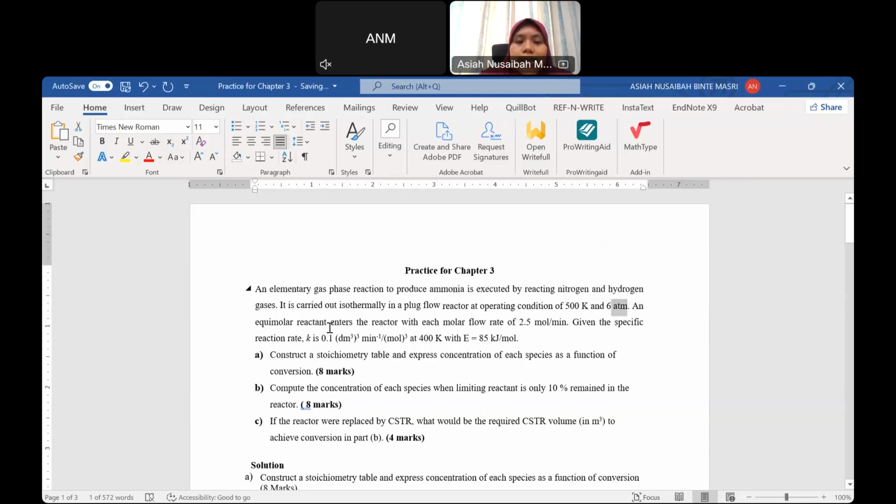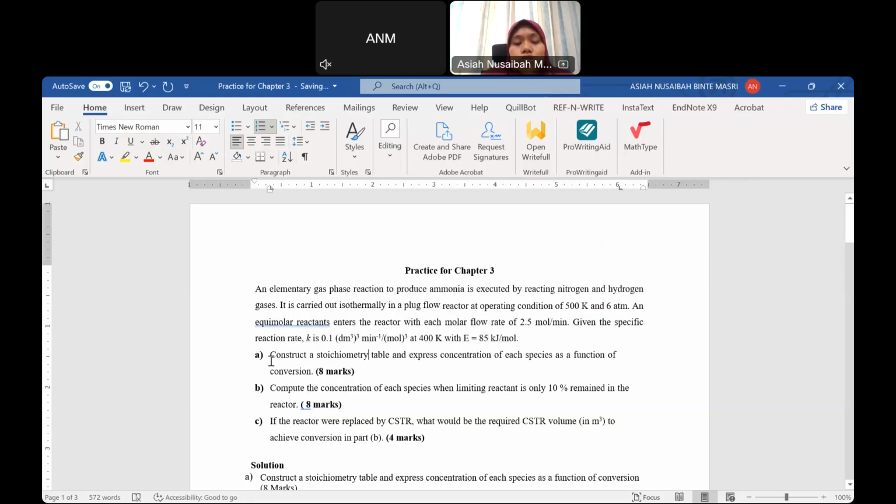An equimolar reactant enters the reactor with each molar flow rate of 2.5 mole per minute. Given the specific reaction rate K is 0.1 decimeter cube per minute times mole cube at 400 Kelvin. So this is K at 400 Kelvin, with activation energy E equals 85 kilojoule per mole. Okay, there are 3 questions.